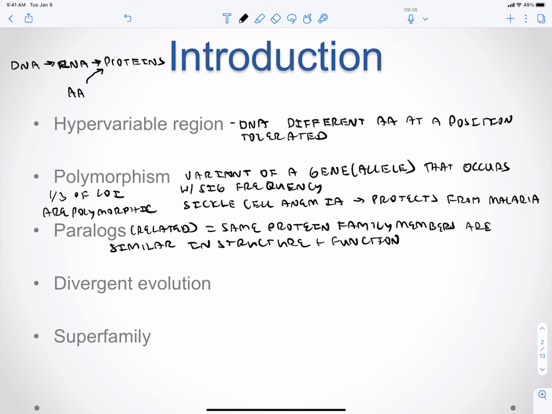And this is where they have evolved from the same ancestor, but they're considered different proteins.